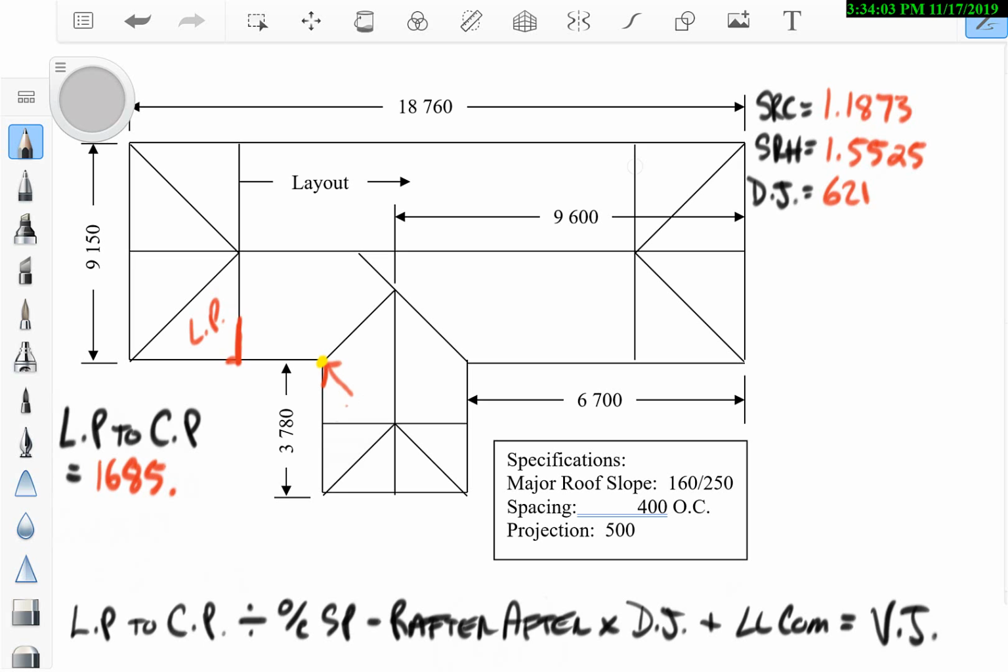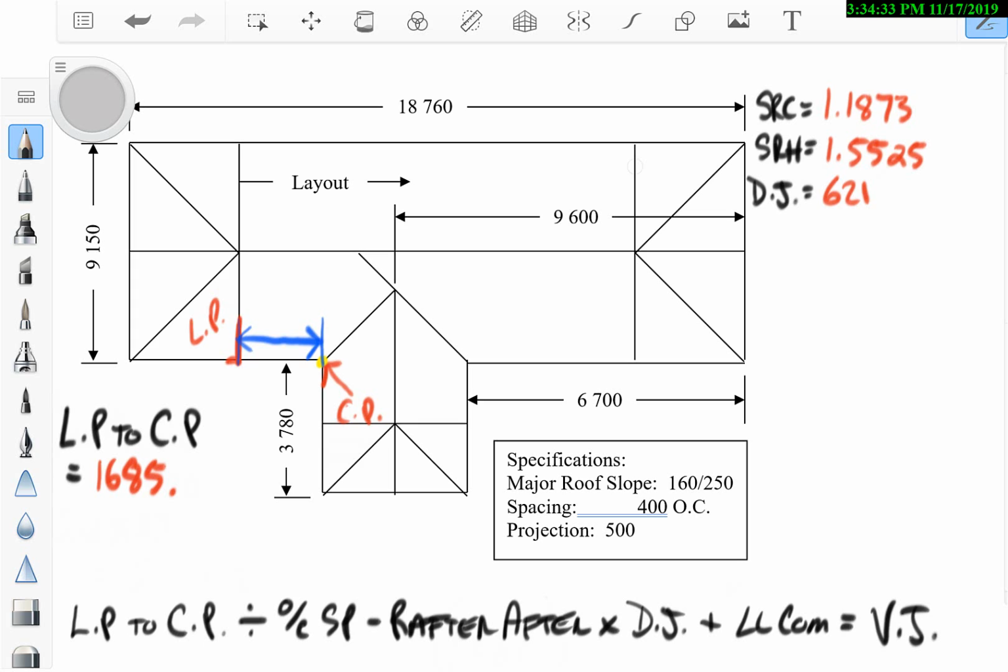That is where the spacing is now intersected by our supported valley coming in. So what we have to do first is find out this distance from our layout point to our change point, so we can determine how many spaces we have before we get to our change point.